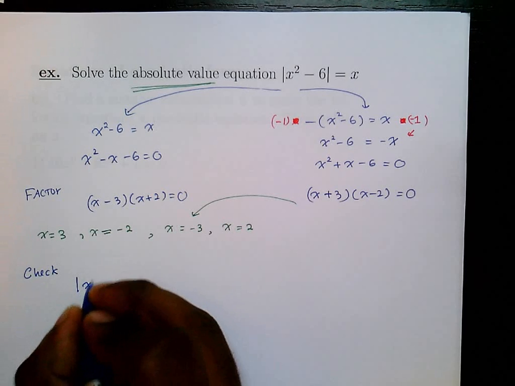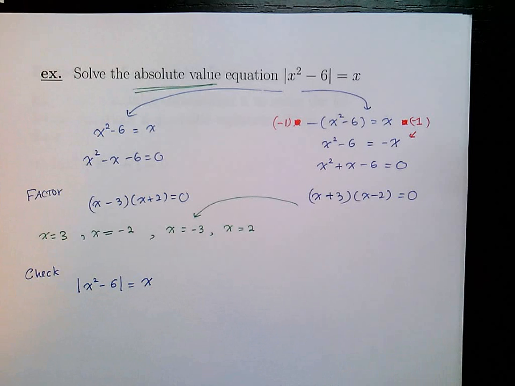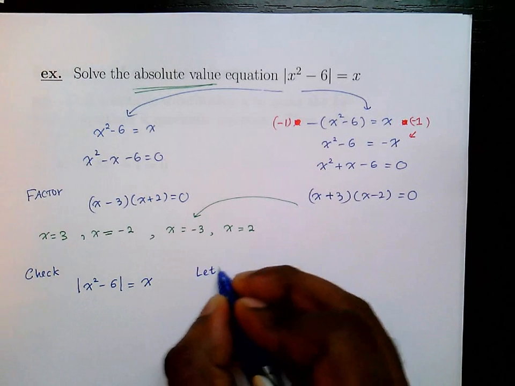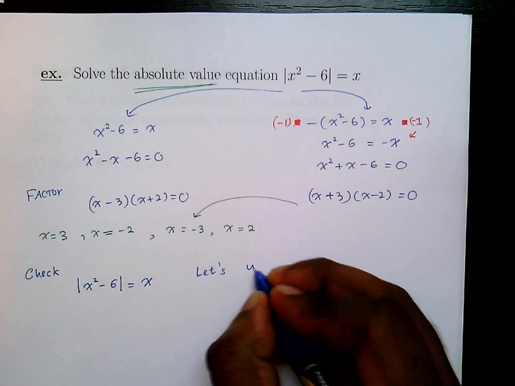So you have the absolute value of x squared minus 6 is equal to x. Now you can easily see, let's use logic. I mean, you can actually do everything by hand and see, but let's use some logic.